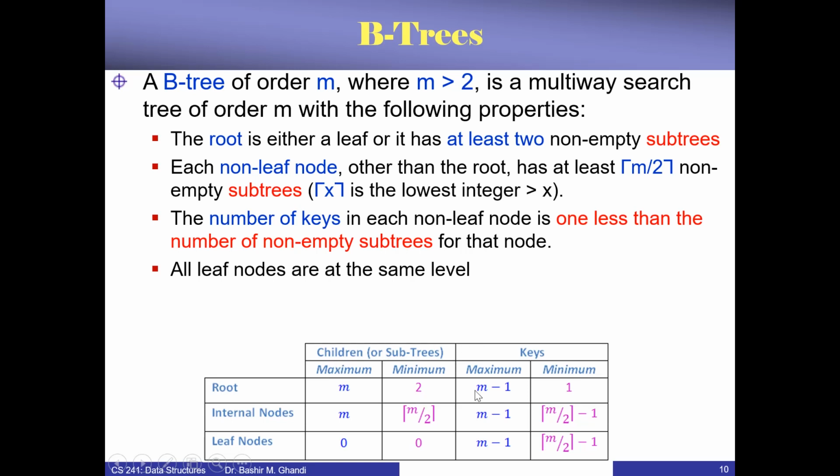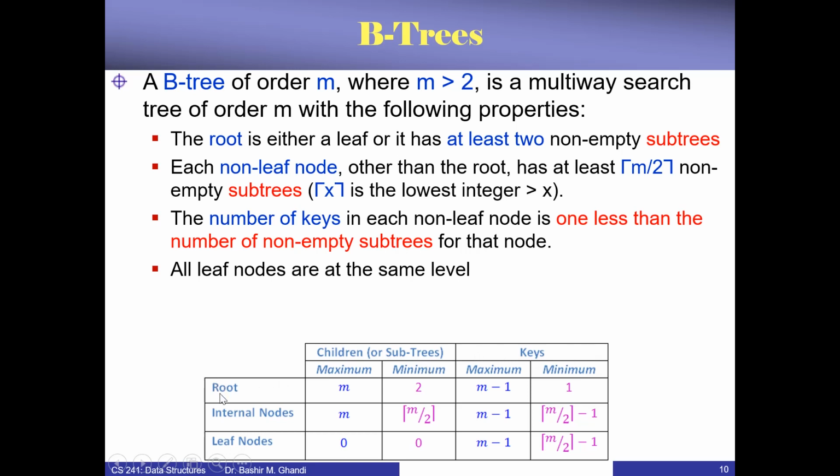This table actually summarizes the restrictions that we put here. It's important to try to remember this. Simple questions can come in the exam or quiz relating these numbers. So here I try to group the relationship in terms of number of subtrees and then the number of keys.